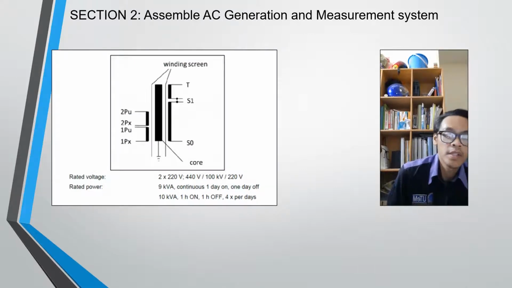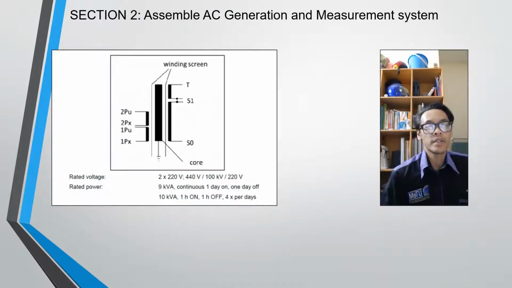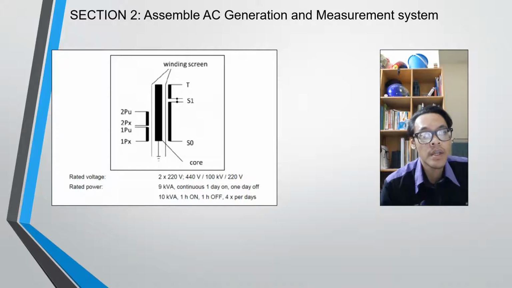Next, for section 2, we need to assemble the AC generation and measurement system. The figure shows the winding transformer diagram, which can be seen on the nameplate of the single phase AC voltage test transformer. The primary winding side consists of 2 PU, 2 PX, 1 PU and 1 PX. The secondary winding side consists of T, S1 and SO.